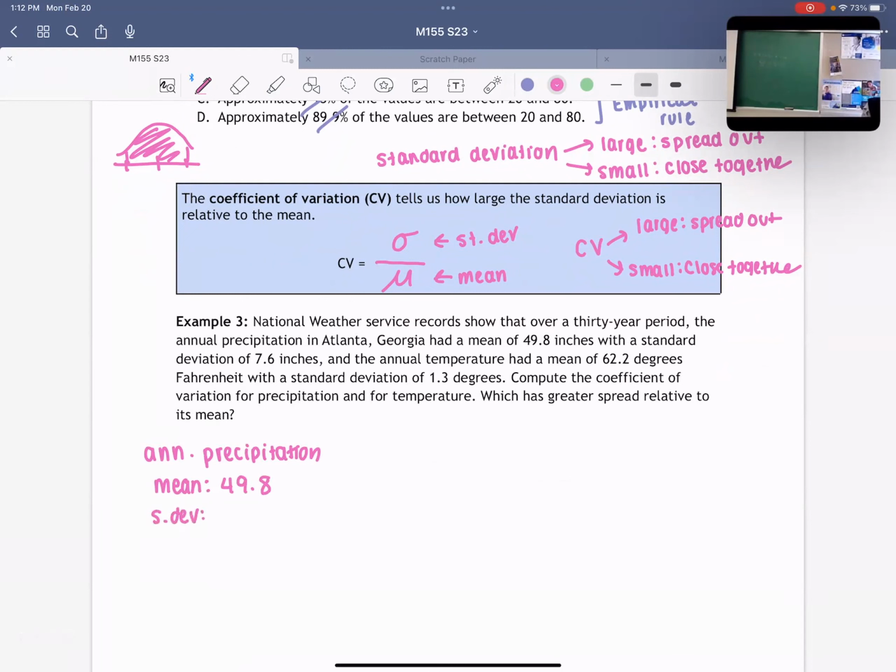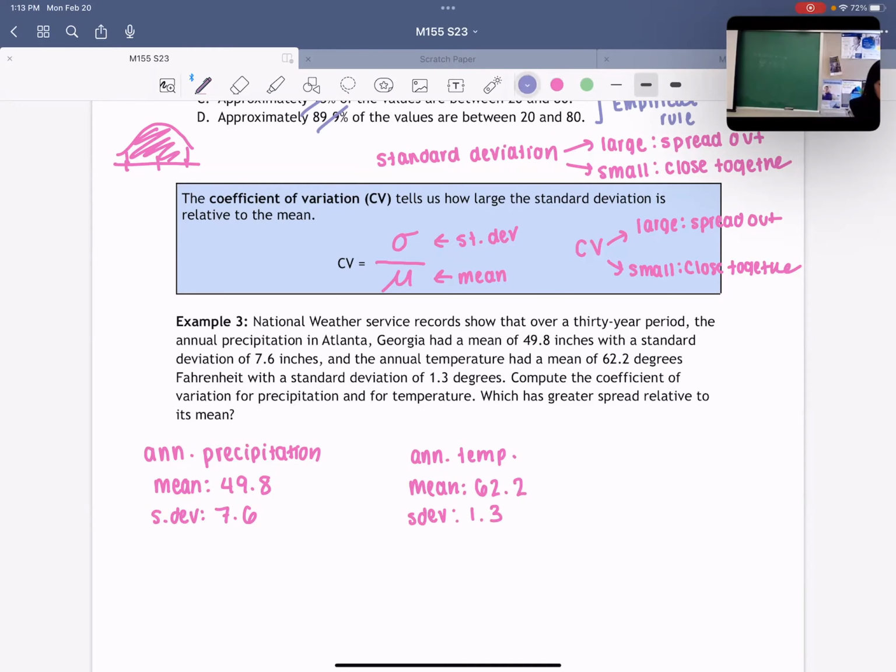After that, it says the annual temperature has a mean of 62.2 degrees Fahrenheit and a standard deviation of 1.3. Okay, so now that I wrote everything down, the question doesn't seem too bad because all the numbers are in order. Next, we want to compute the coefficient of variation for both precipitation and for temperature.